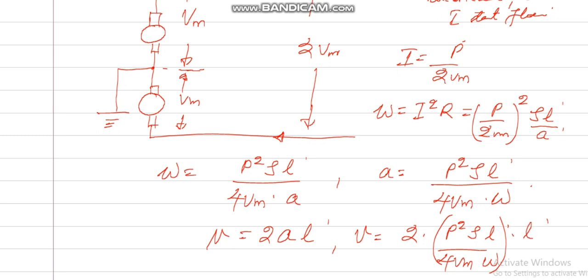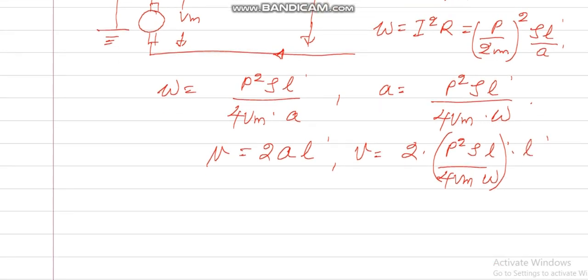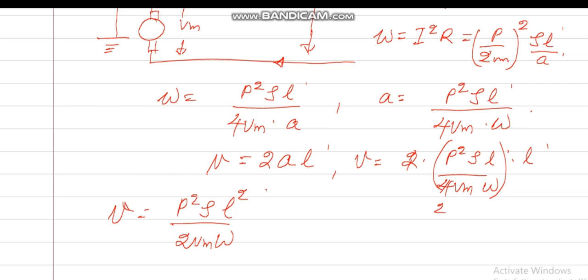Tutakuja kupata V equals to 2 times P squared resistivity rho L squared over 4 Vm squared times W. Sorry, kuna mistake kidogo. Power loss is given by, kwa vile two conductors, is 2 times I squared R, so we have 2 here, multiply by 2, and here we have 2.